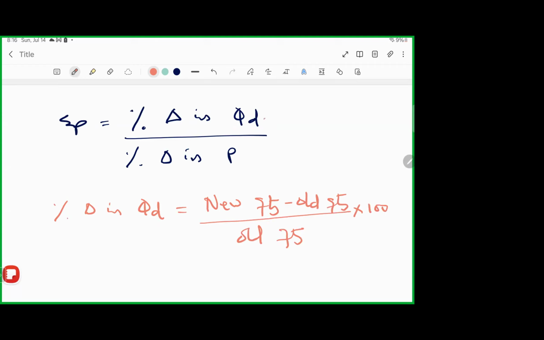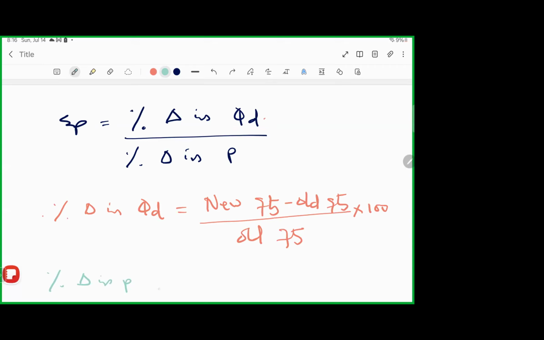So this is the numerator we've just estimated. The denominator would be the percentage change in price, or in P for consistency.